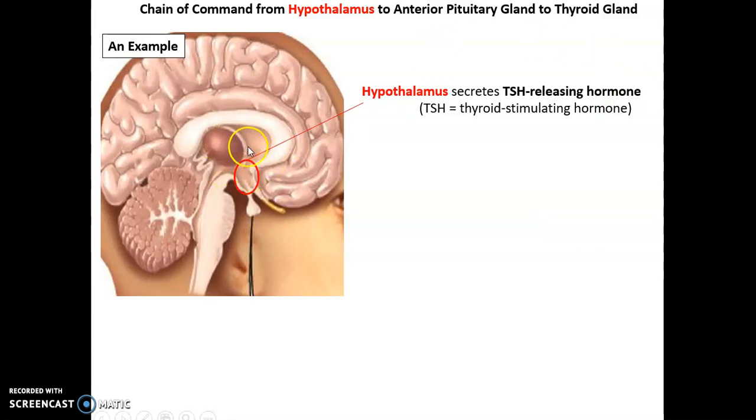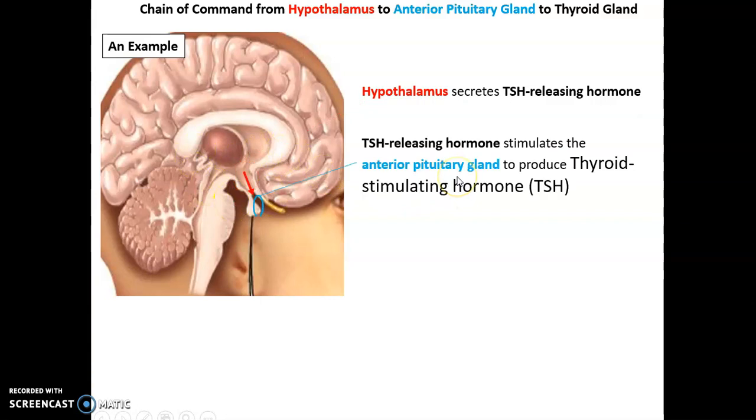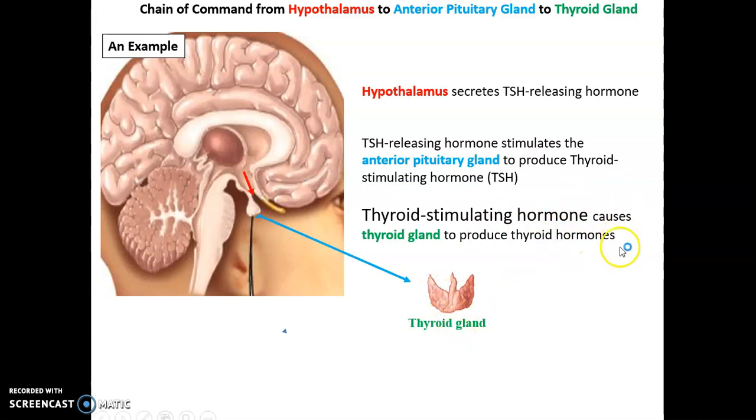The hypothalamus will secrete the thyroid stimulating hormone releasing hormone, that will then travel to the anterior pituitary gland and stimulate it to release the thyroid stimulating hormone. And then that hormone goes to the thyroid gland, causing it to produce thyroid hormones, which then go on through the bloodstream to their targets and cause their effects.